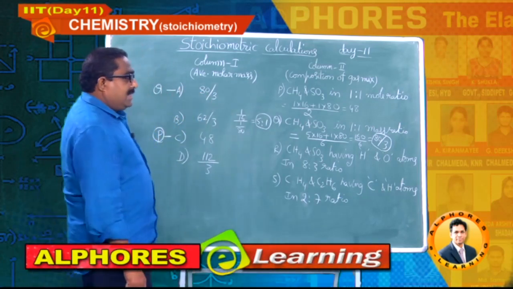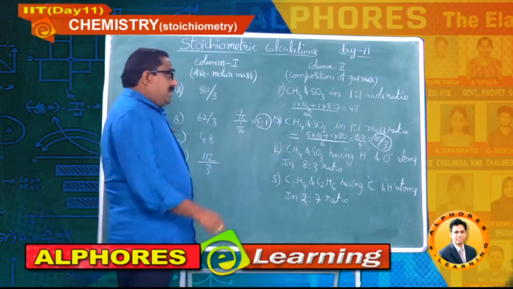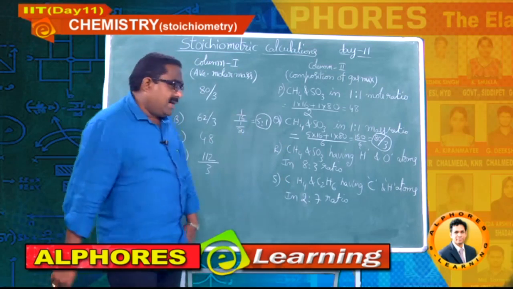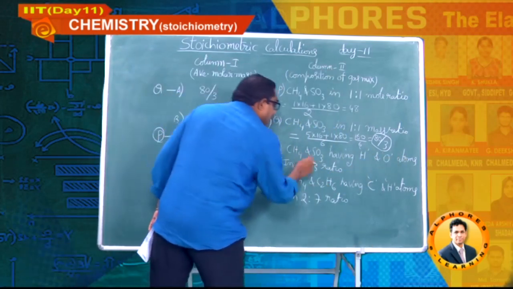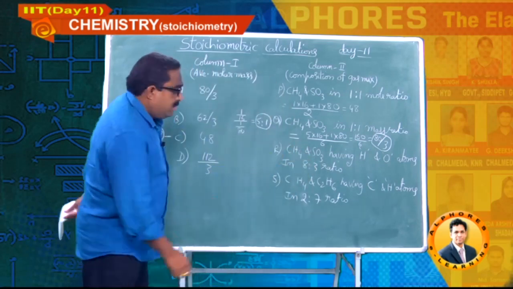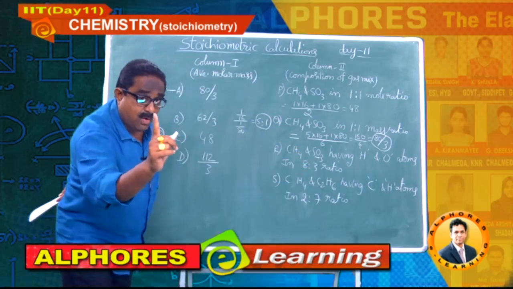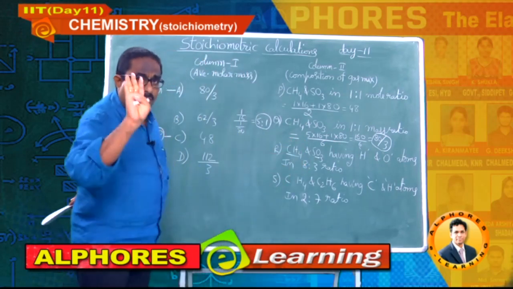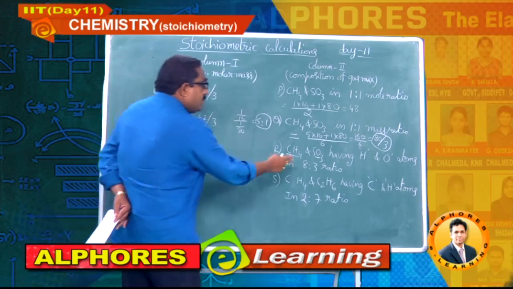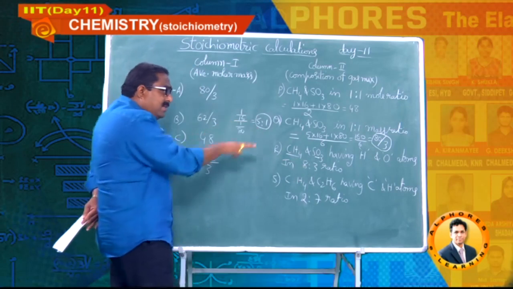Okay. Next, I will take R. Same mixture, methane and sulfur trioxide having hydrogen and oxygen atoms in 8:3. So, 3 oxygens in sulfur trioxide, no doubt. So, you can take 1 mole students, but each CH4 contains 4 hydrogens. But he has given the atomic ratio of hydrogen and oxygen as 8:3.